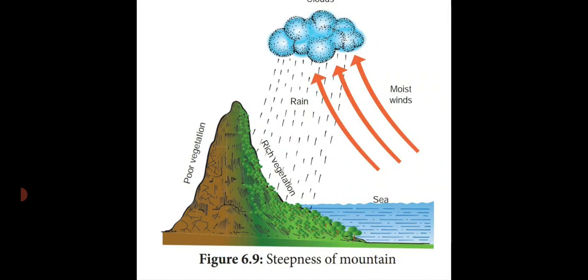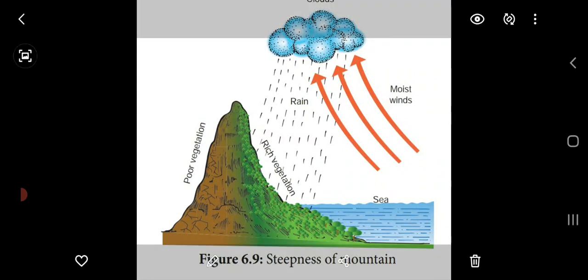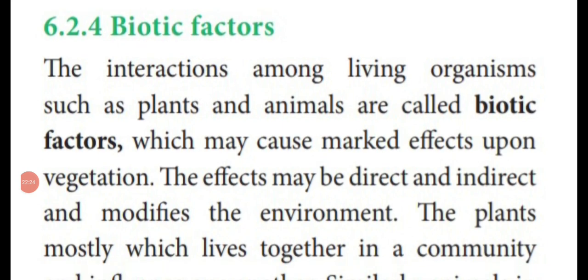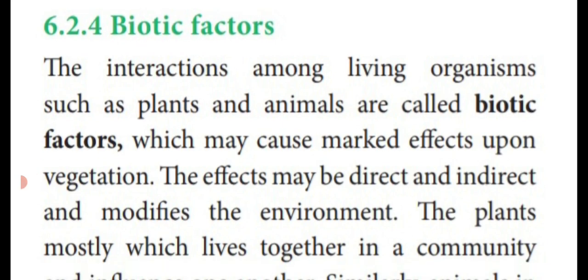Dear students, these are all the different topographic factors: latitude, altitude, direction of the mountain, and the steepness of the mountain. Dear students, next we are going to see the biotic factor.